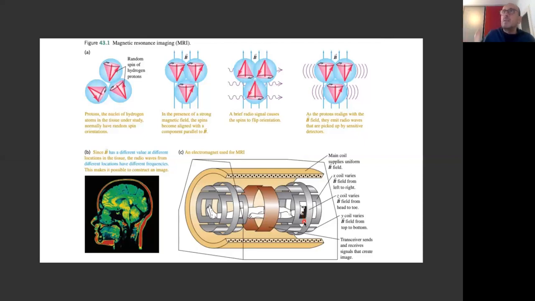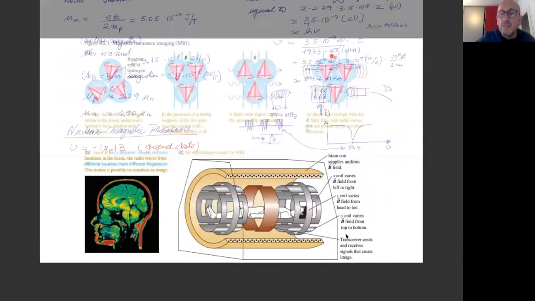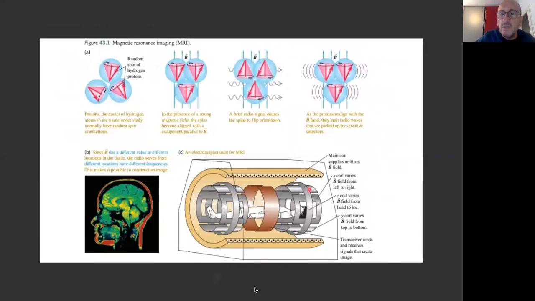A particular magnetic field will mean that the difference between these two states will be a certain value, and a little to the side will be a different value. So by discriminating the frequency that makes the thing resonate, and the intensity at each point, you can differentiate the location of the object inside this machine.